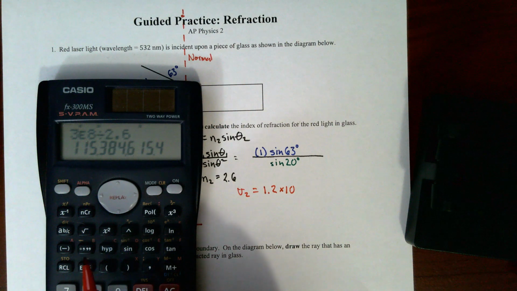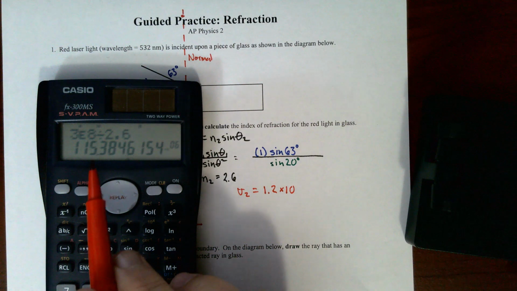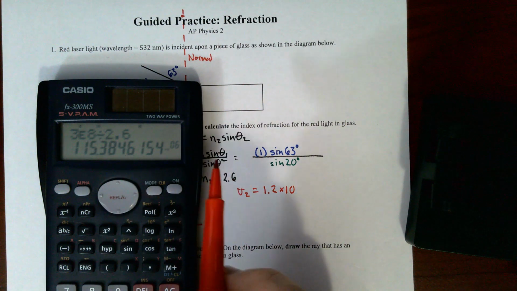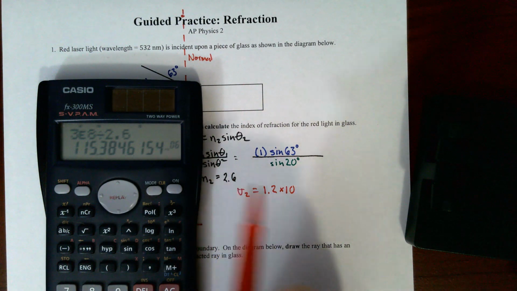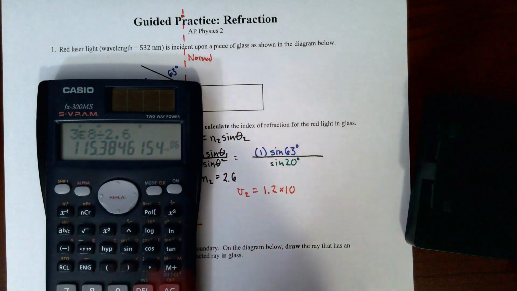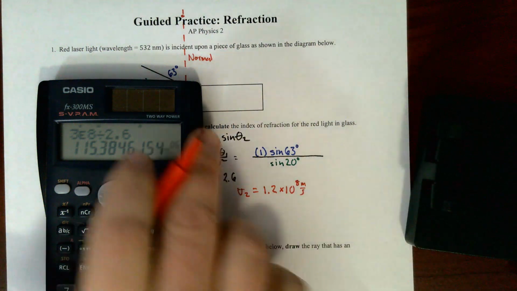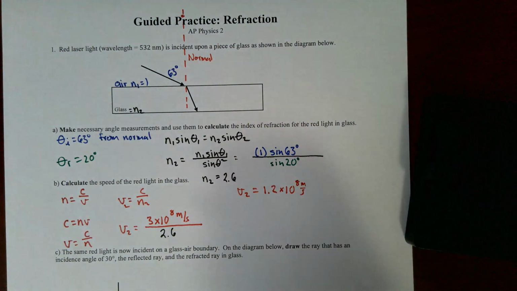Remember, you can use the engineering function if you have trouble with scientific notation on these sorts of things. Or you can reason that 10 to the 8th minus a small number should still be 10 to the 8th. I hit the engineering button, and that gives me 10 to the 6th, 7th, and then 8th, to get it into a reasonable scientific notation number.